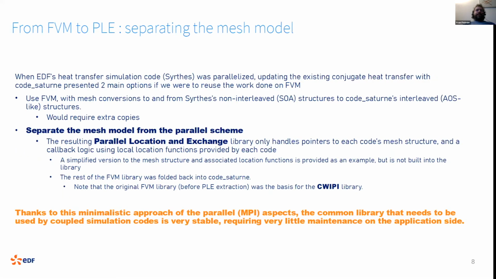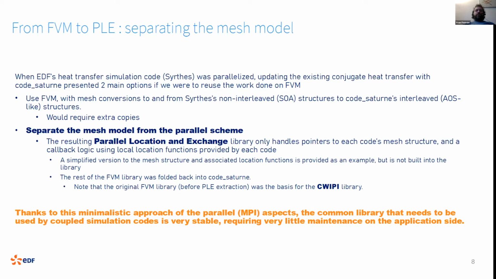Going from FVM to PLE is really the main design point. When we started to add additional couplings, not just our code with itself but other codes, we basically had the choice between copying data structures. We wanted to couple with Cathare, whose data structures were tetrahedral elements, but it also had non-interleaved arrays where we have interleaved arrays, like arrays of structures.